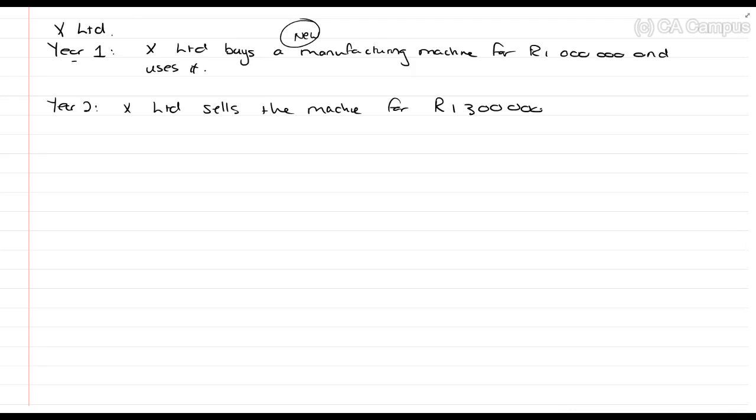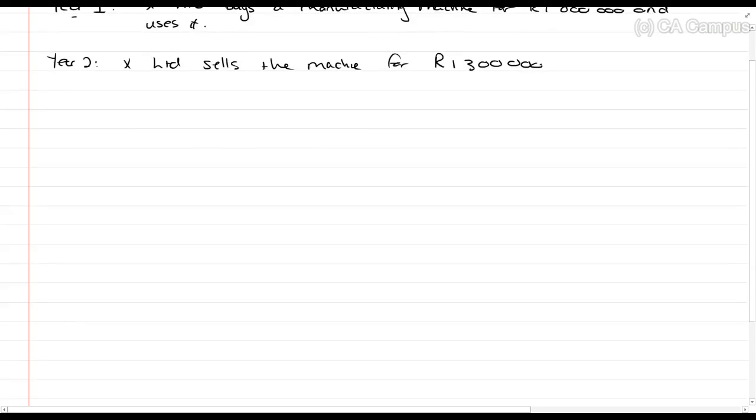Okay, so what I'm going to do now is the calculation of the recoupment and the capital gain. At this point, this is what we've been doing this entire lecture, and you should now start being comfortable with this. So how do we do it? We start by calculating the recoupment. It's the cost of 1 million less our Section 12C allowances, for year one and year two. In year one we claimed 40%, in year two we claimed 20%.